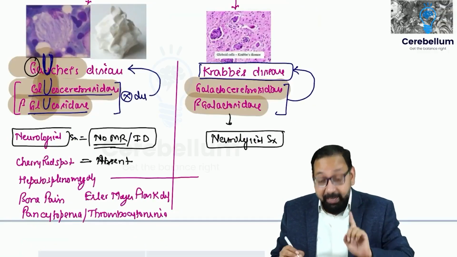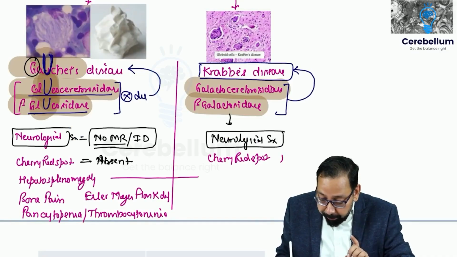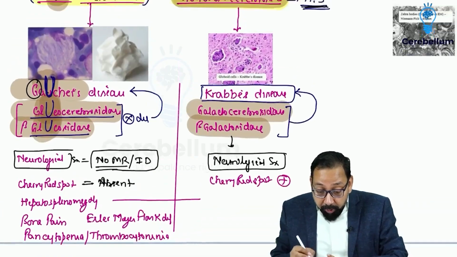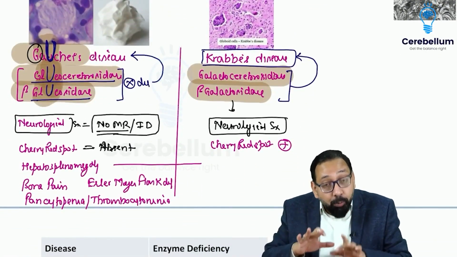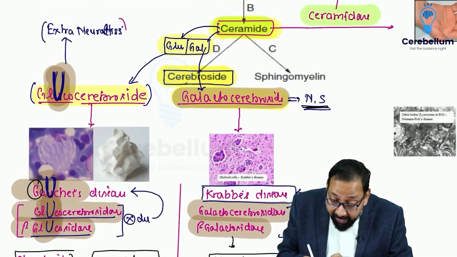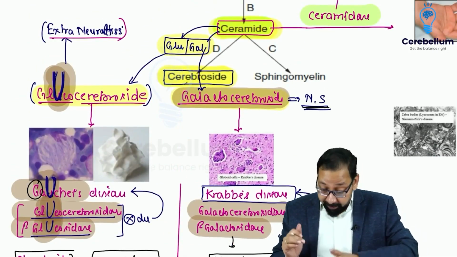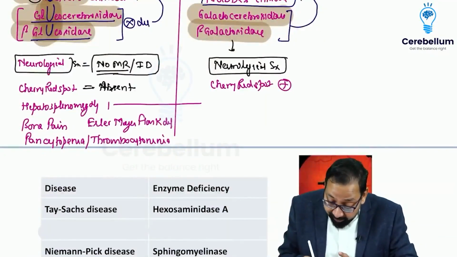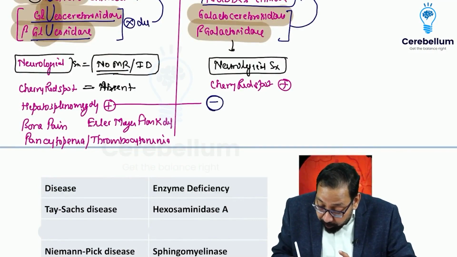Means cherry red spot may be present. In Gaucher and Krabbe's disease, you can differentiate like this. In Gaucher disease, it is accumulated in extraneural tissue. It will accumulate in the liver, hepatomegaly, spleen, hepatosplenomegaly. So hepatosplenomegaly would be present. But in Krabbe's disease, hepatosplenomegaly would be absent.